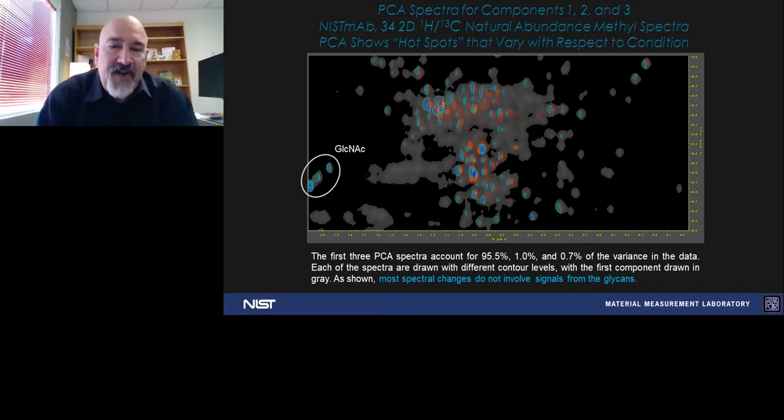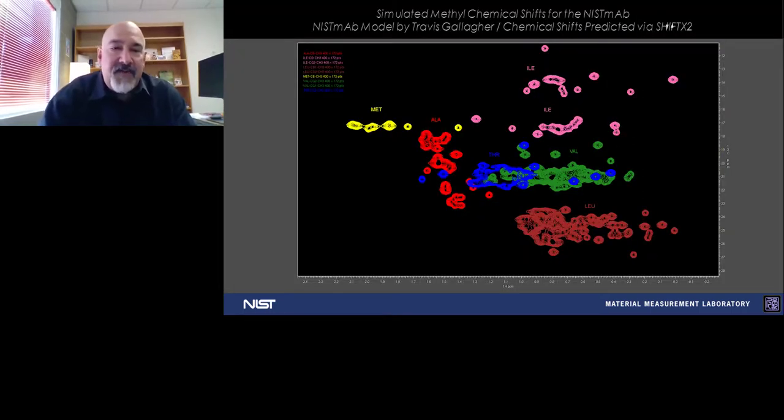If we have knowledge about the particular assignments, that means we can map this information onto the protein and decide what parts of the protein are being affected by the changes that we've performed. But in addition, in this case, we don't happen to have specific assignments yet, but we do know generally which kind of amino acids the different regions of the spectrum represent. So we can, for example, tell specific changes to methionine residues and so on.